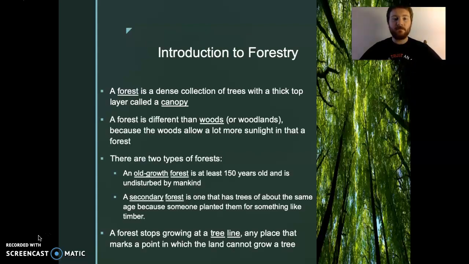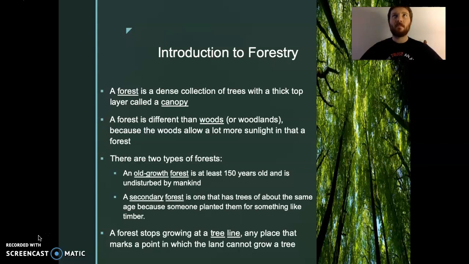Introduction of forestry. A forest is a dense collection of trees with a thick top layer called a canopy. A forest is a little bit different than woods or woodlands, because woods allow a lot more sunlight in than a forest does.